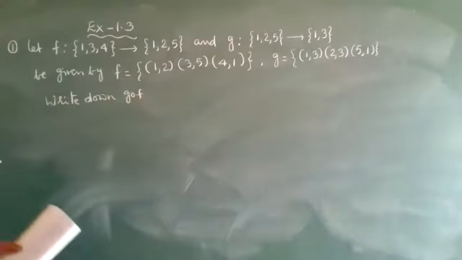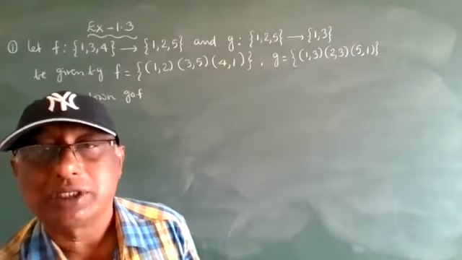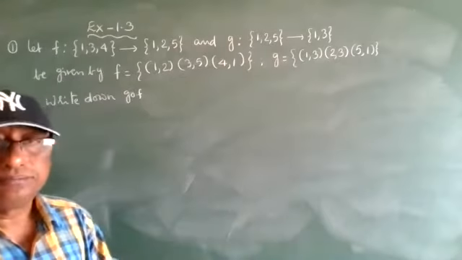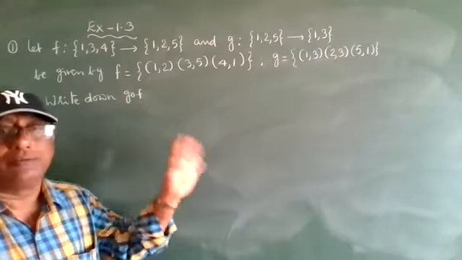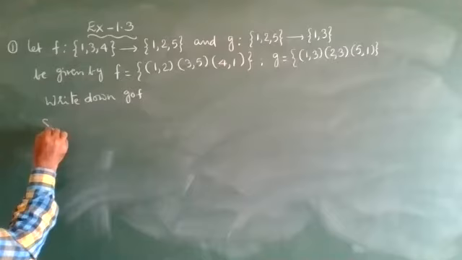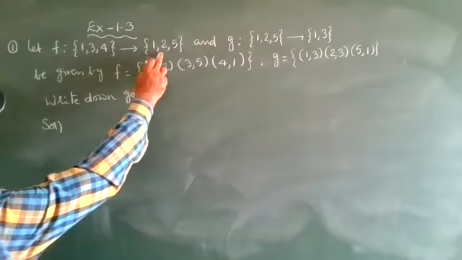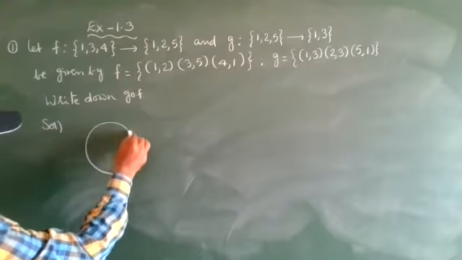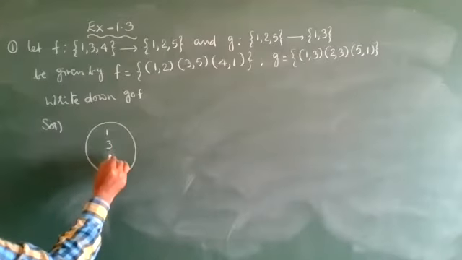Right. I am going to work out this problem. First, what is given, I will draw the figure, then we can understand clearly. The solution: f domain is this one, codomain is this one. The f domain is the A set, given by 1, 3, 4.